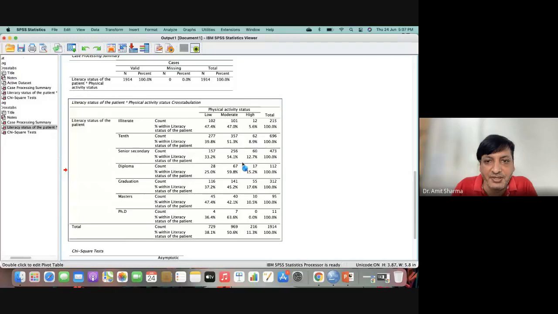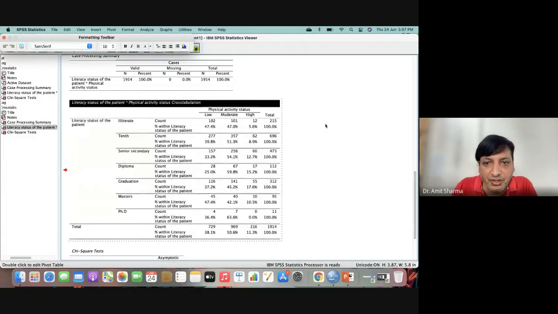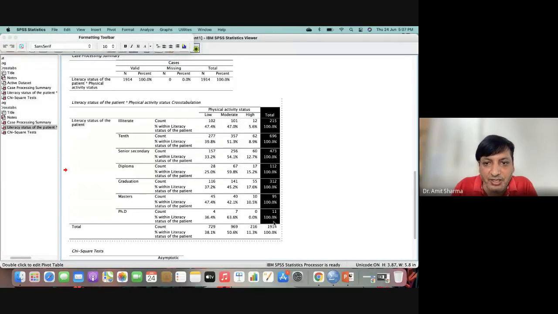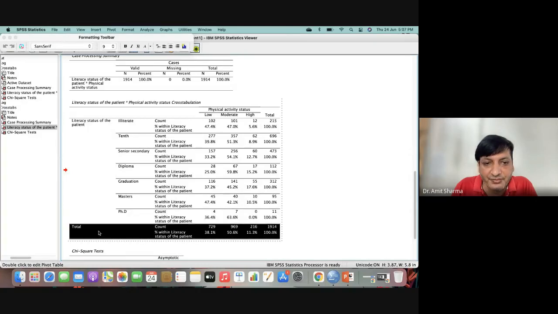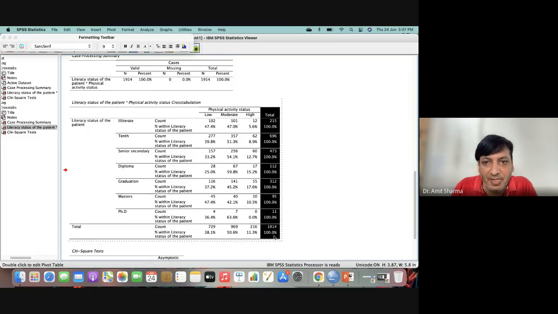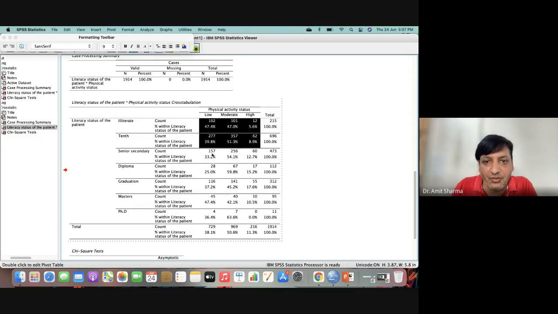And out of this percentage, which one should we code? We'll ignore this line, because that is equivalent to 100%. And we'll ignore this last line also, total. So total of x and total of y we will not take. We have 1 2 3 4 5 6 7, 7 into 3, 21 categories to compare.